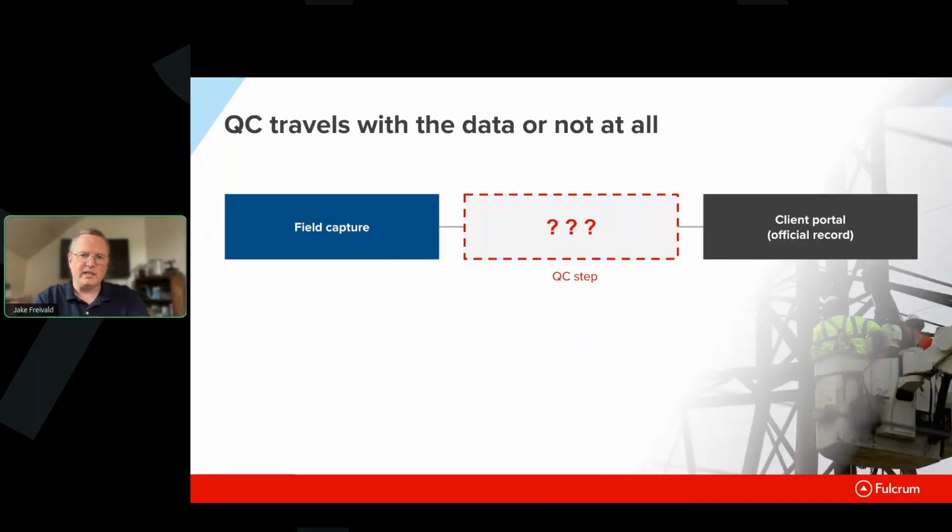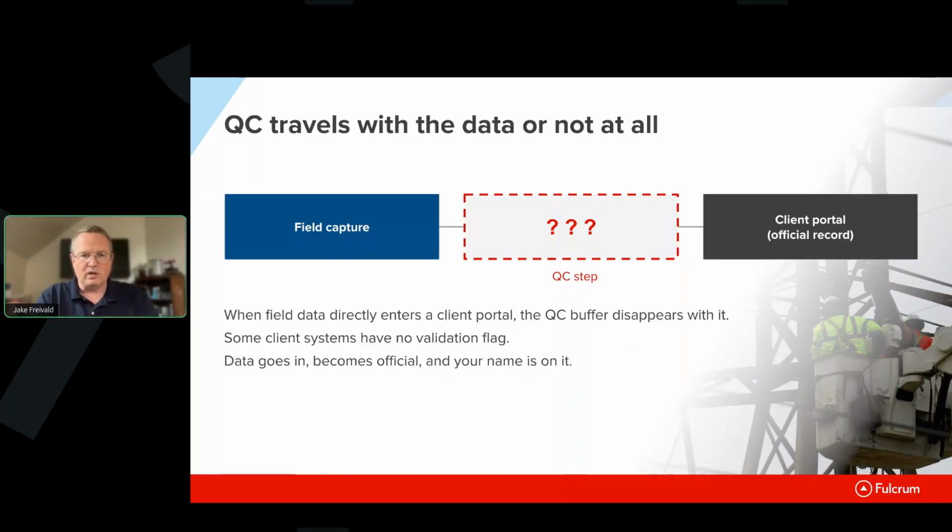Another major issue that they discovered was quality control. And quality control has to go along with the data, or it doesn't really happen at all. Again, working with clients, one of the issues they have with using client portals to enter data is that there's frequently no place for them to do QC after the fact. They don't have full access to that client system.